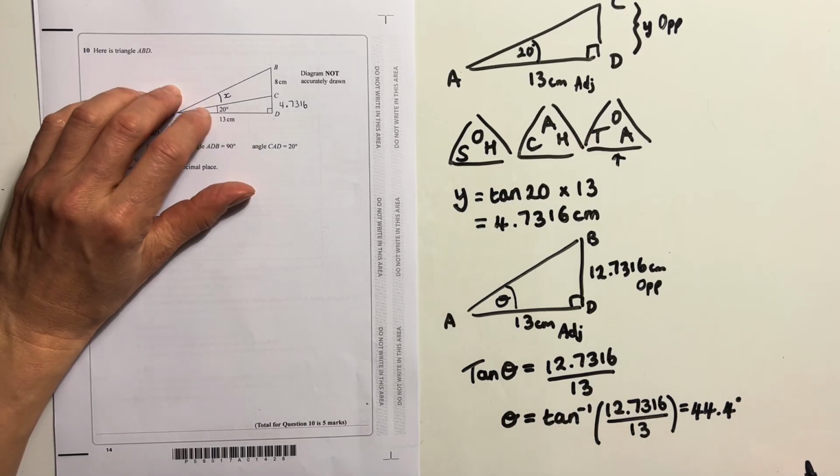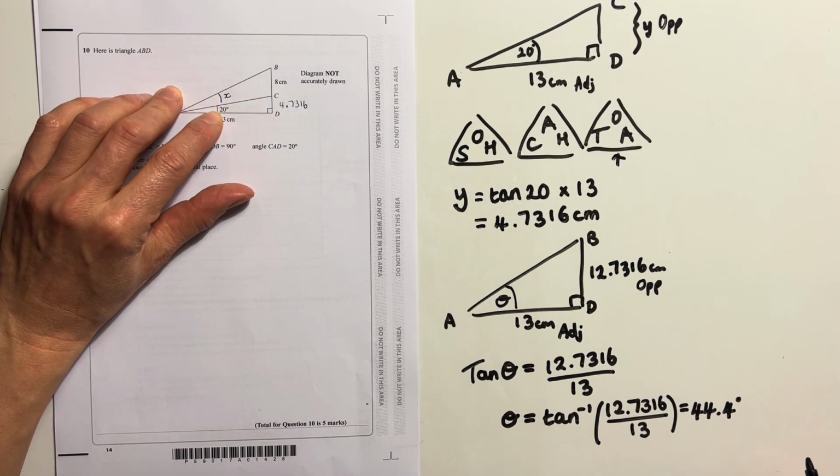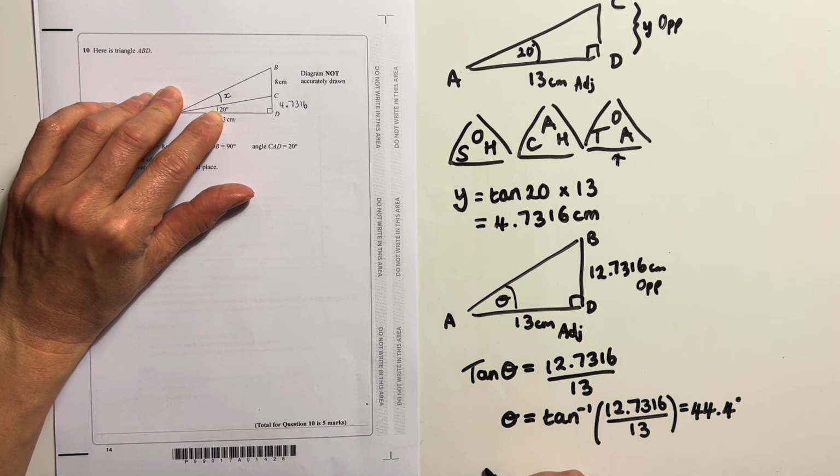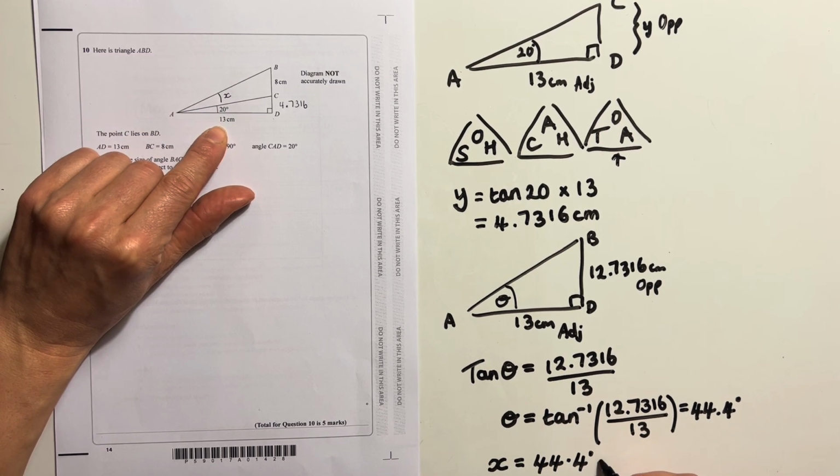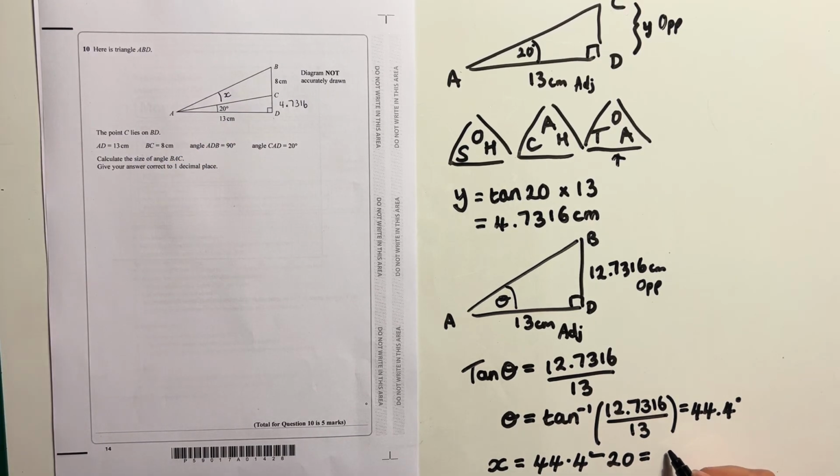But this angle is looking at both the x and the 20. So to find the angle x, we need to remove the 20. Which means that our answer is 24.4 degrees.